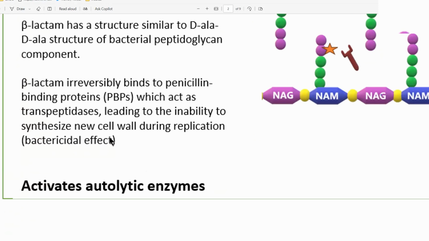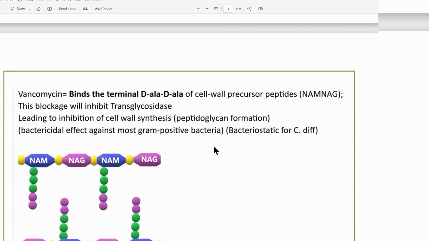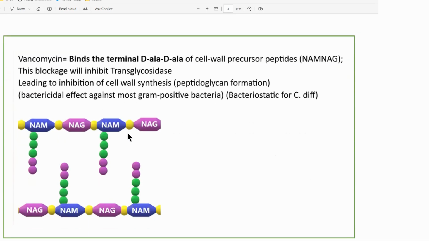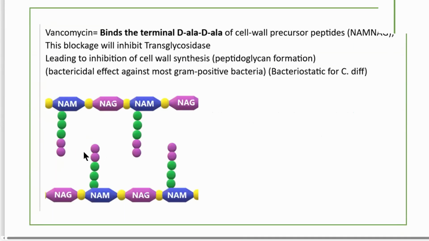You're saying, hey, this cell wall's integrity is lost. Let's break it down to build a new one. So this prokaryotic cell activates autolytic enzymes, breaking it down, just causing further destruction, basically. Okay, good. Then we discussed the difference with vancomycin. Vancomycin doesn't really have anything to do with the cross-linking.